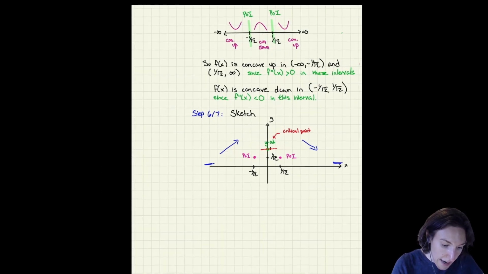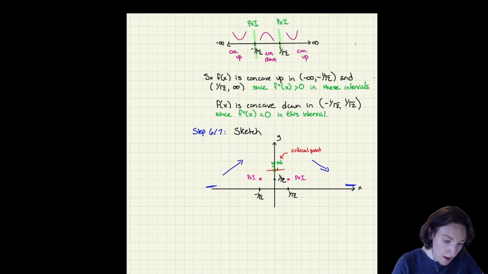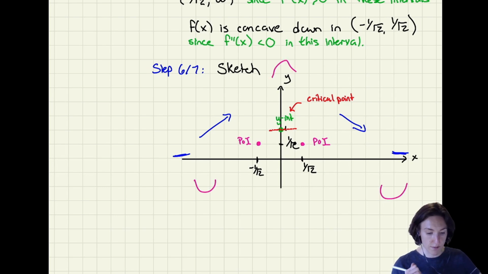About my concavity, I'm concave up, and then concave down in the middle, and concave up towards the end. So my function has to pass through these pink points, has to pass through the y point, and it has to be the relative max. So this is the critical point, and this is also the relative max, sorry.